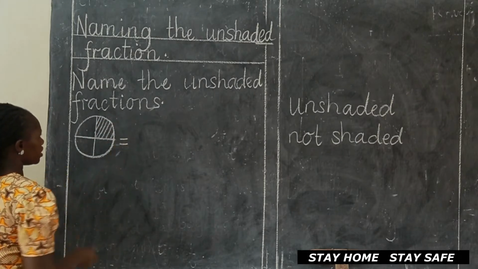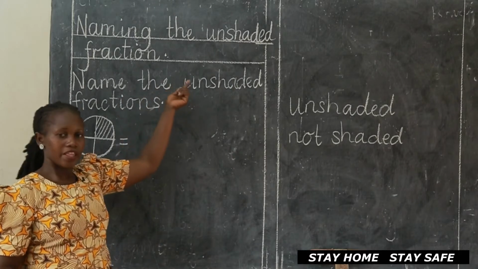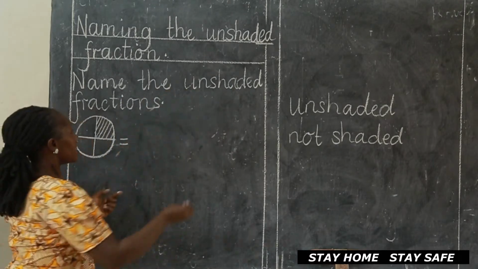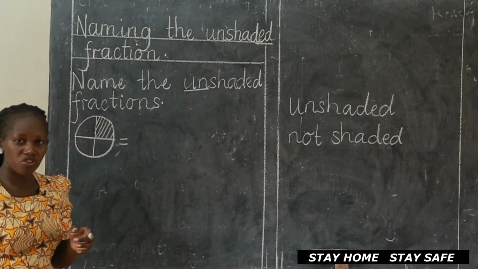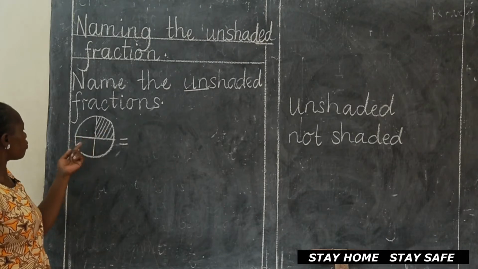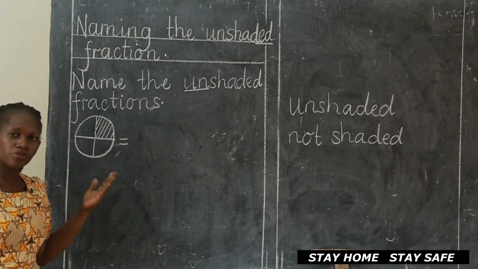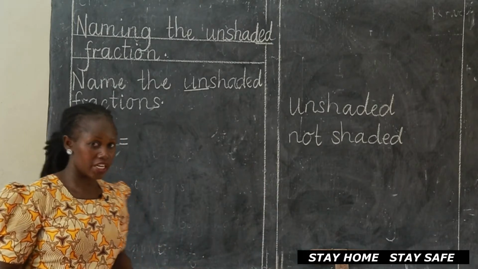Now tell me, remember we are naming the unshaded fraction, the one which is not shaded. Now, how many parts do we have here? 1, 2, 3, 4. Out of the 4 parts, how many parts are not shaded?